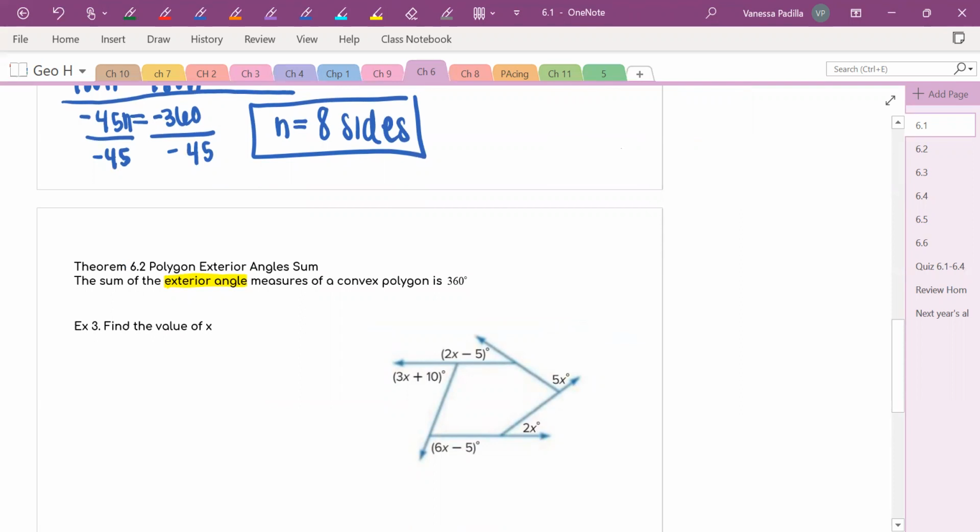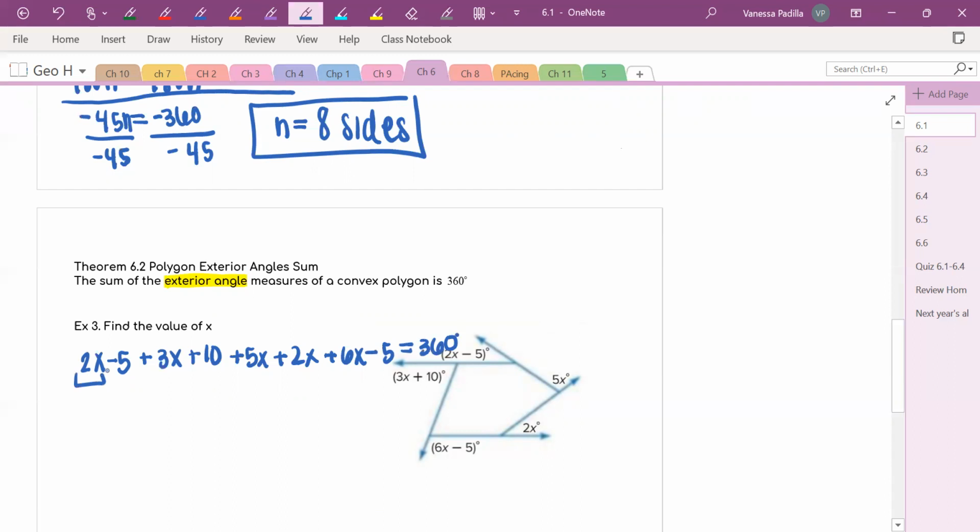So if we add those all up, we get 2x minus 5 plus 3x plus 10 plus 5x plus 2x less 6x minus 5 equals 360.